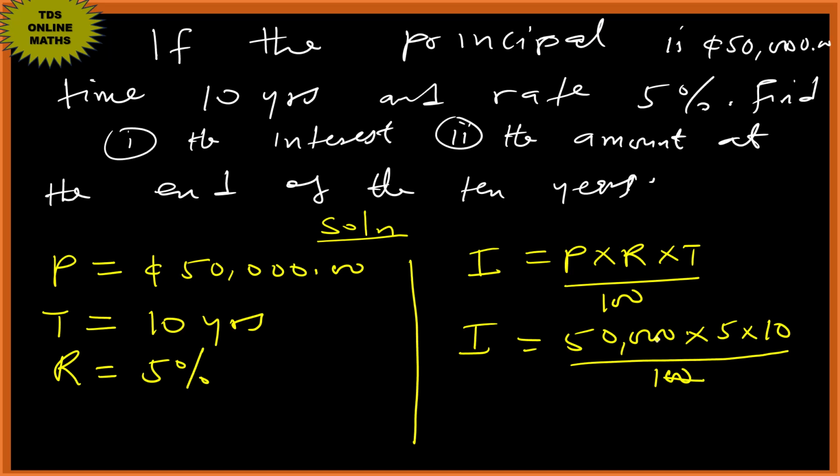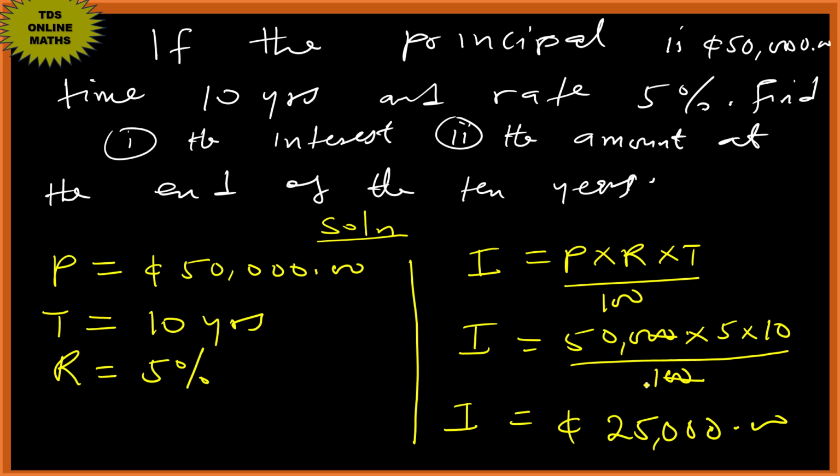The 2 zeros here will cancel the 2 zeros here. Then for my interest, 5 times 5 is 25, and then the zeros. So my interest here is 25,000.